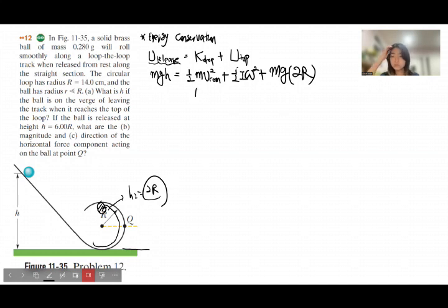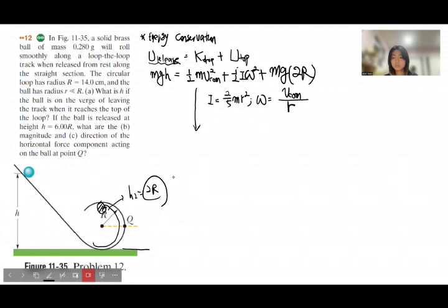Now we just add the moment of inertia for this sphere, and the angular velocity, which should be expressed with the translational velocity of the center of mass and the radius of the sphere. The moment of inertia of the sphere is 2/5 times mass times radius squared, and the angular velocity is the translational velocity of the sphere over the radius.